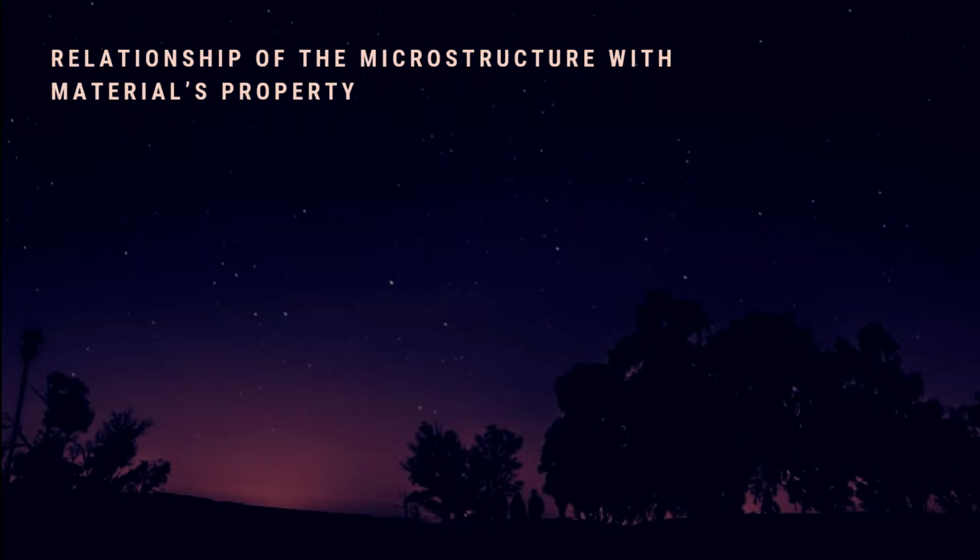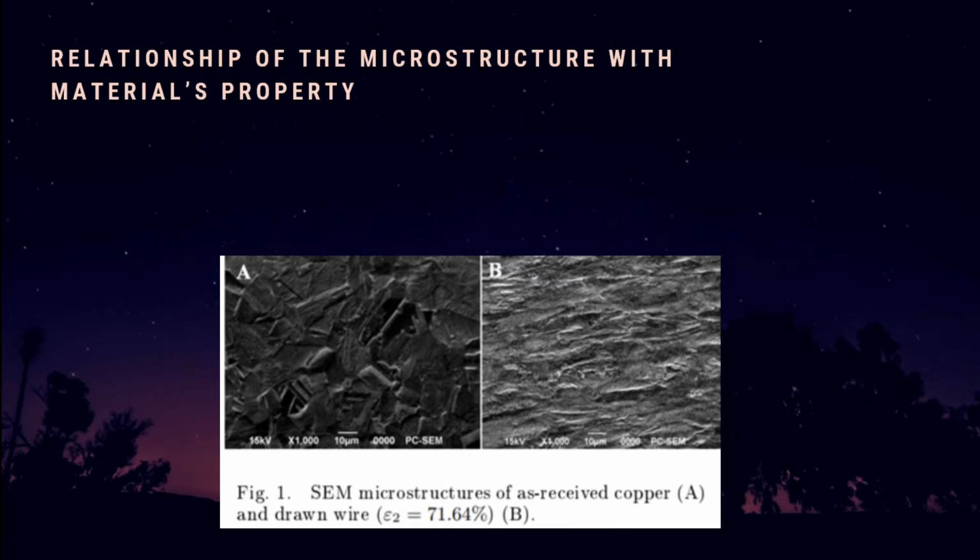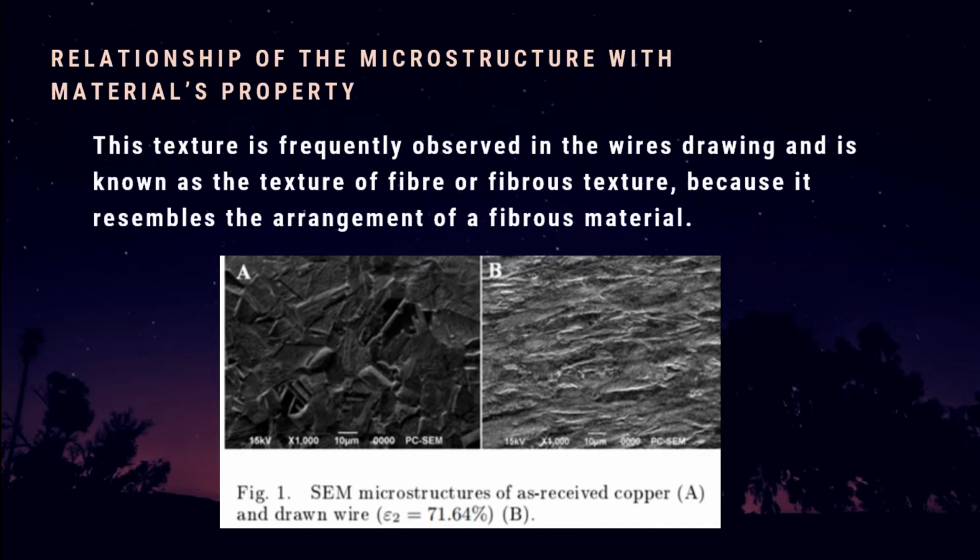There are a few relationships between the microstructure and the copper wire's properties. The first one is the development of the fiber texture in the drawing, accompanied by an increase in the hardness with the deformation. So depending on whether the level of deformation increases, the drawn wire acquires a fibrous microstructure texture.